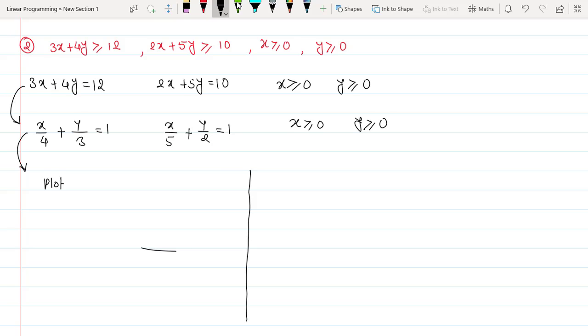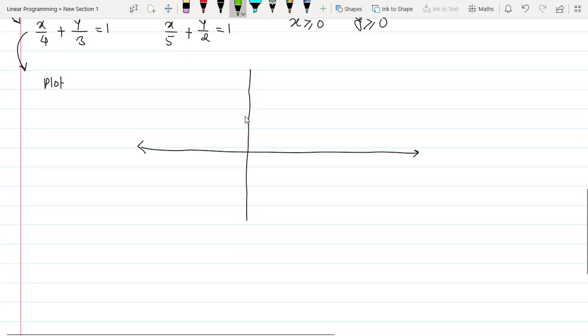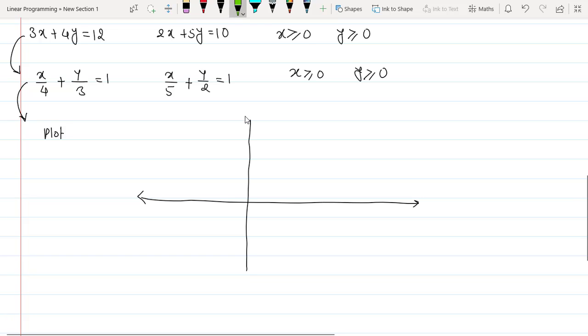So what you will get is the y-axis and the x-axis. Okay, let's have some space here. So the first intercept is what? It's 4 on the x-axis, and 3 on the y-axis. Let's take this as 3.